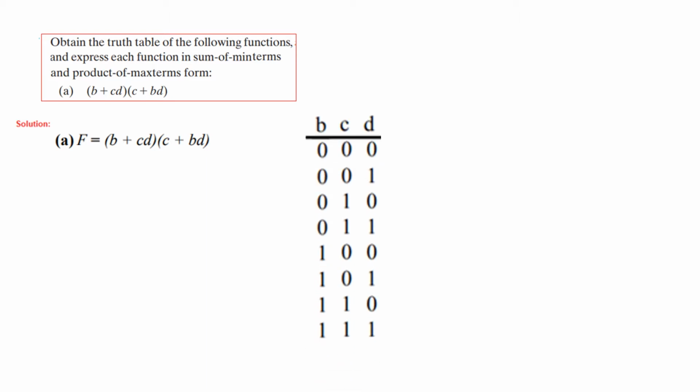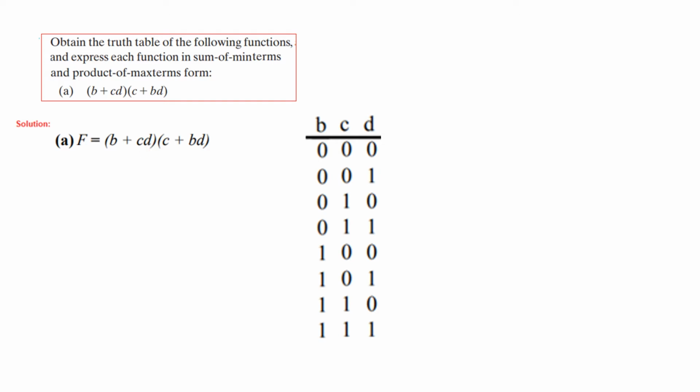So I hope you have by now learned how to write the truth table. There is an easy way: in the rightmost column you write 0 1 0 1 0 1, then in the next column to the left you write 0 0 1 1, and in the next one 4 0s and 4 1s, and you keep on increasing like this.